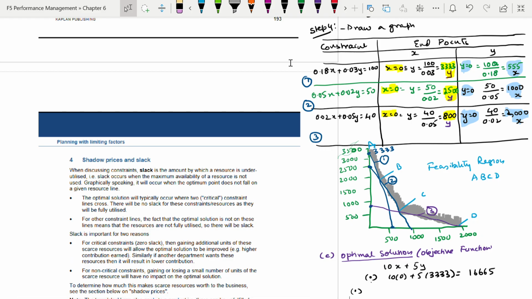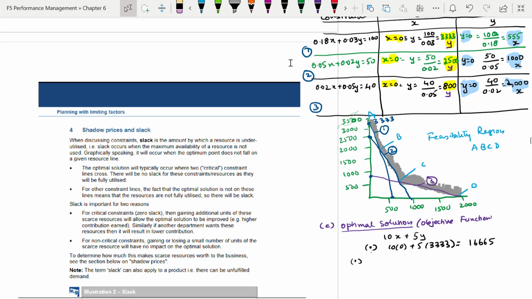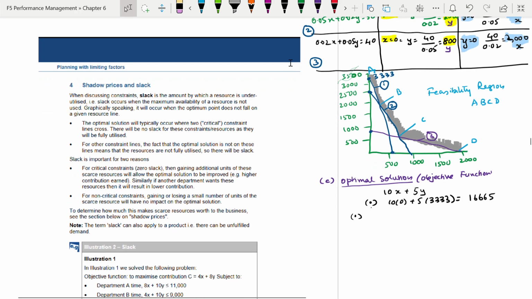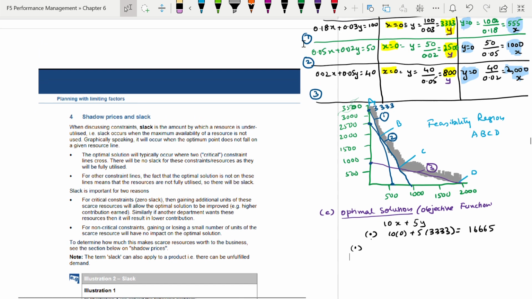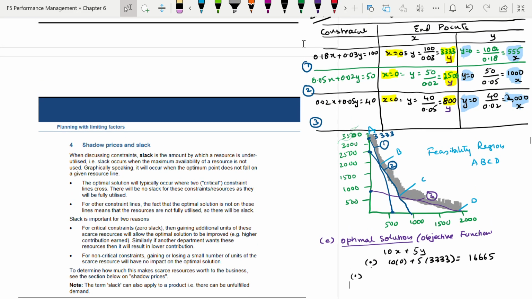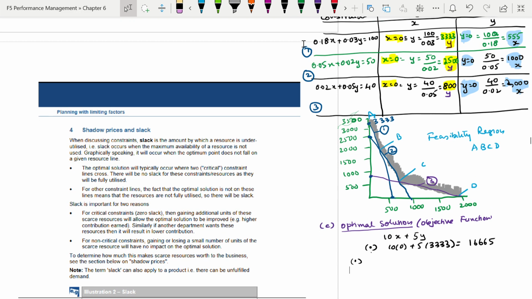How much is the optimal solution? Not the optimal solution, how much did you get for x? We got 6666 for x. Now, this is with respect to that.